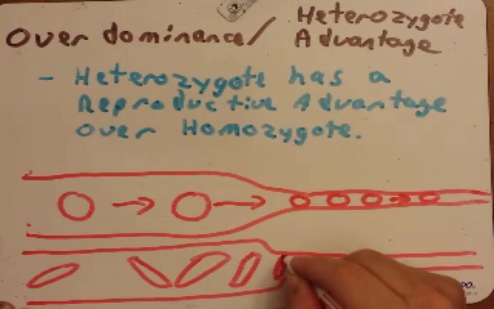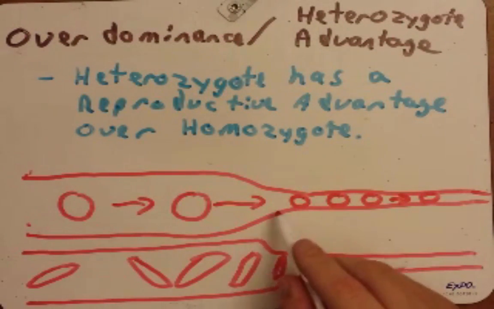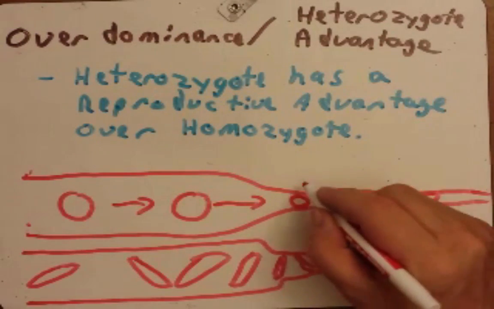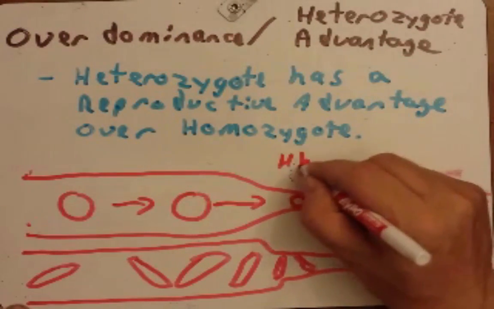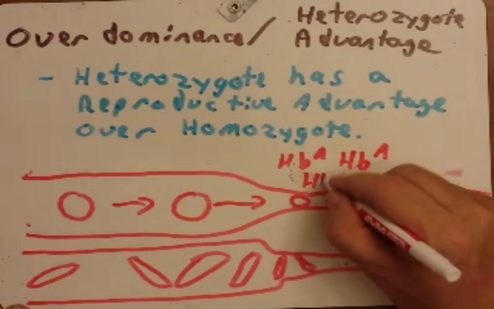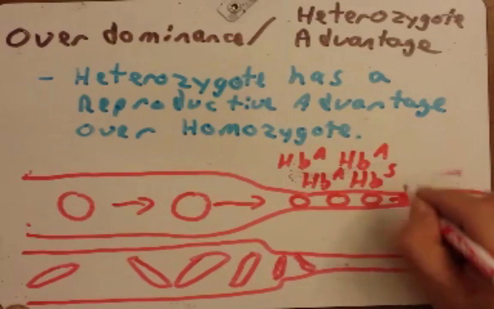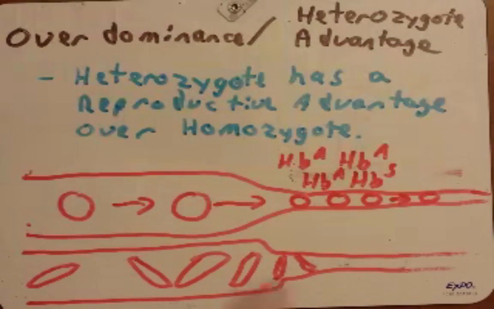And what happens is they can't get through this as efficiently. And they kind of get clogged up here because they don't have this flexibility. So this would be somebody who is HbA, HbA, or somebody who is HbA, HbS, the heterozygote. So there's no disadvantage to being a heterozygote in this case.